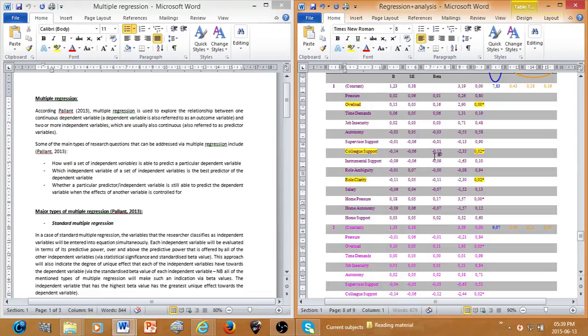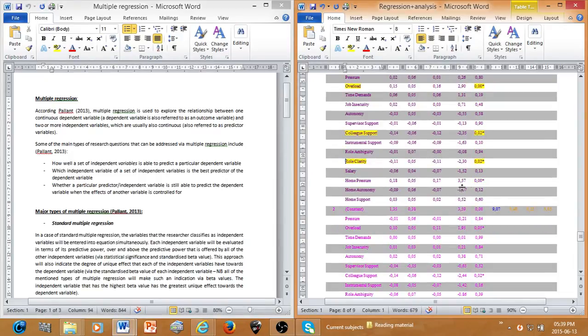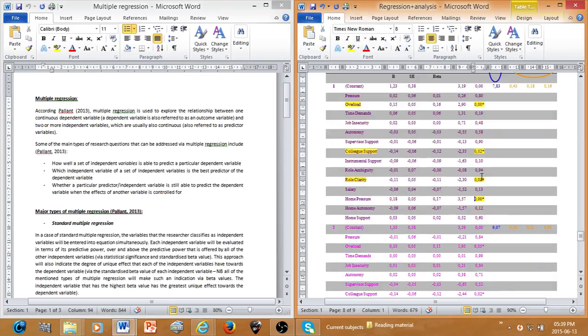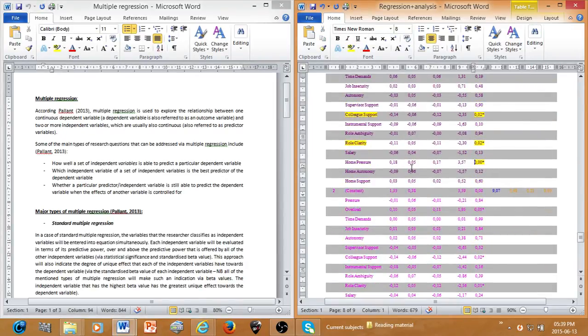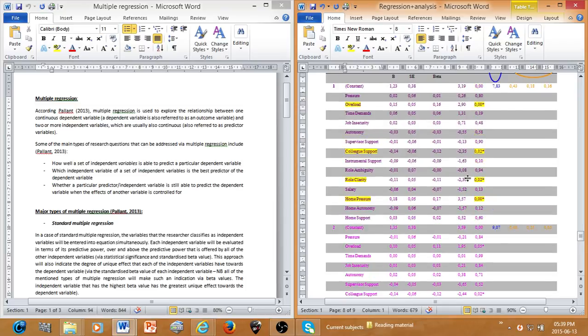So role clarity is a significant predictor of anxiety according to these statistics. There's another p-value that indicates significance, and this refers to home pressure. So the statistics are suggesting that home pressure is a significant predictor of anxiety.